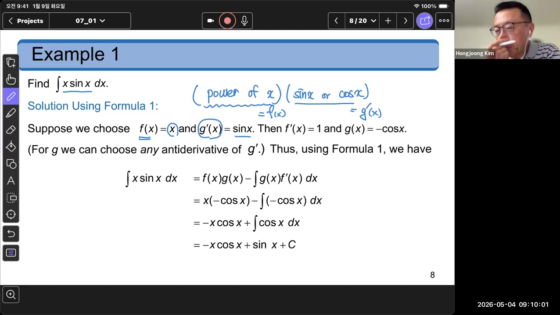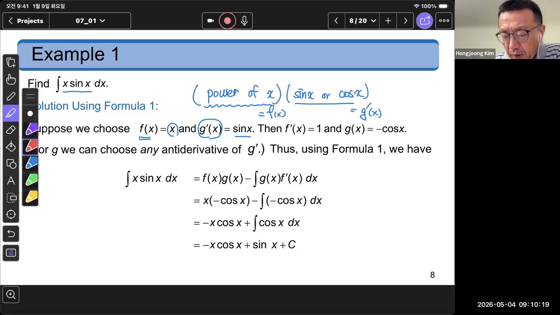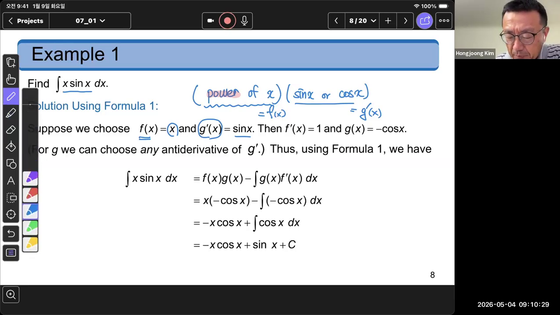But if you put power of x as f of x and sine or cosine as g prime, as we did in example 1, then the beauty of this is that this power of x will decrease as you apply the integration by parts. So let's see what happens.